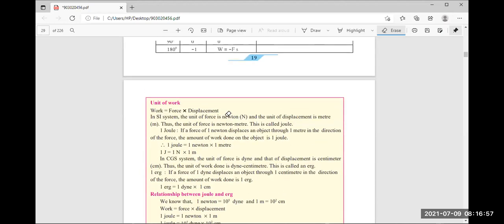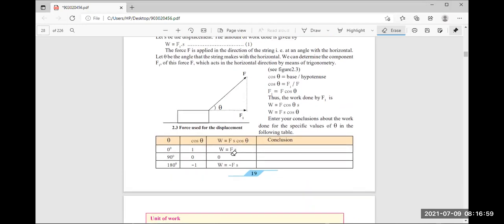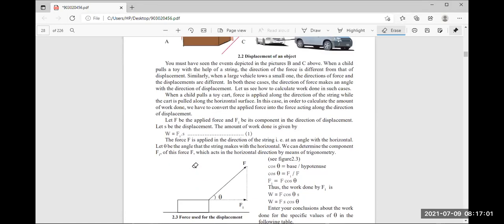So when this is 30 degrees, cos 30, what will we get? What is the value of cos 30? Do you know? The value of cos 30 is square root 3 upon 2.